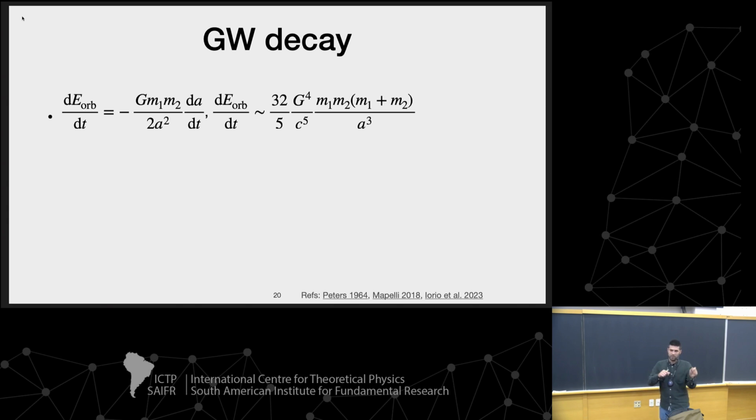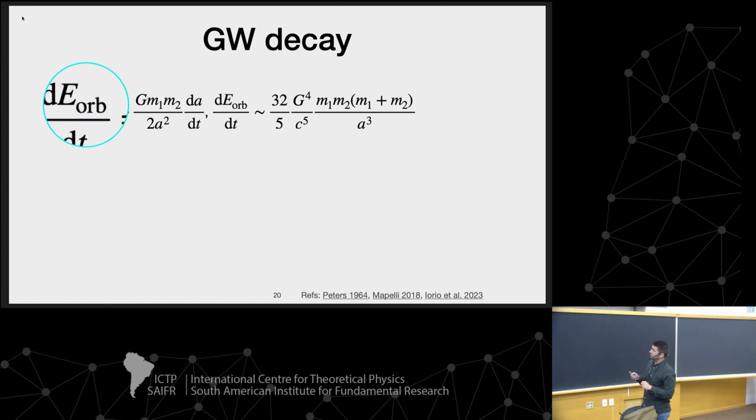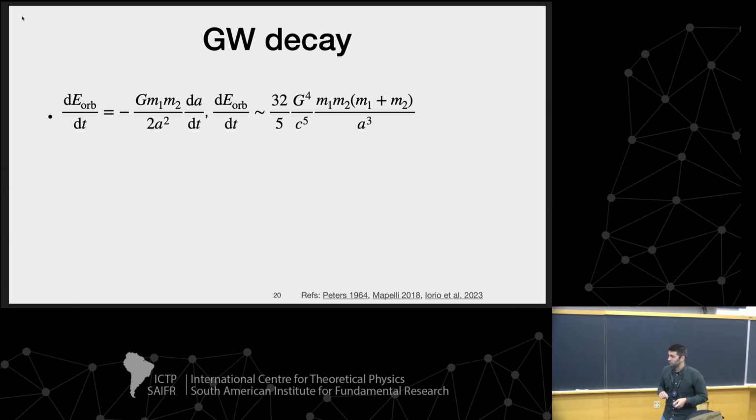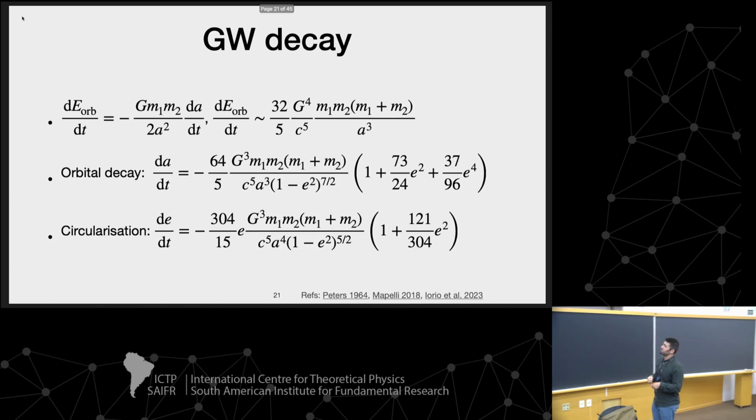What you do is the Frankenstein monster again. You couple Newtonian dynamics with gravitational wave radiation. If you take into account Einstein equations and do the calculation, you can go to Peters 1964, a quite old paper, but you get all the calculation if you're curious. You put in the numbers, you do a bit of math, and you get this.